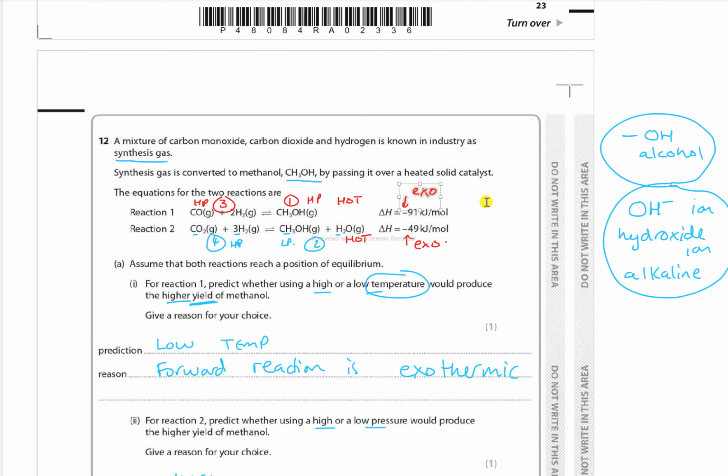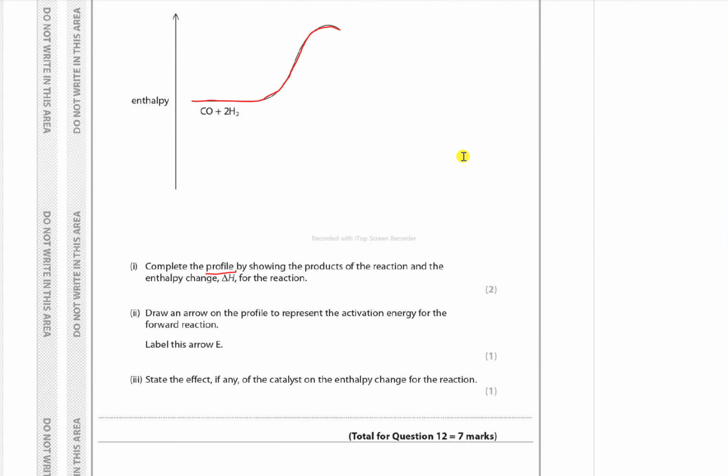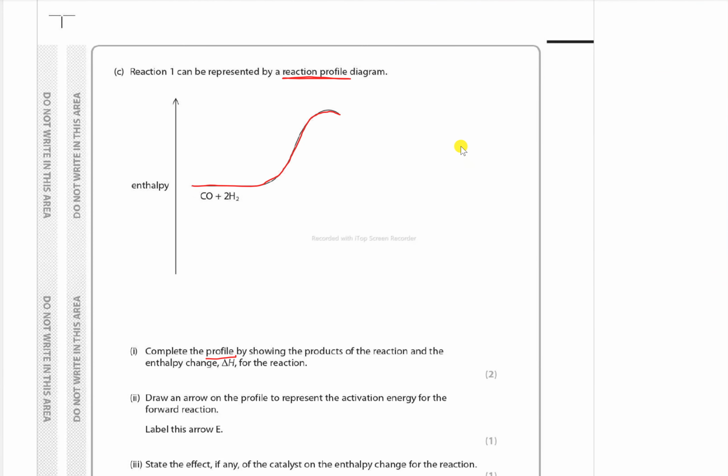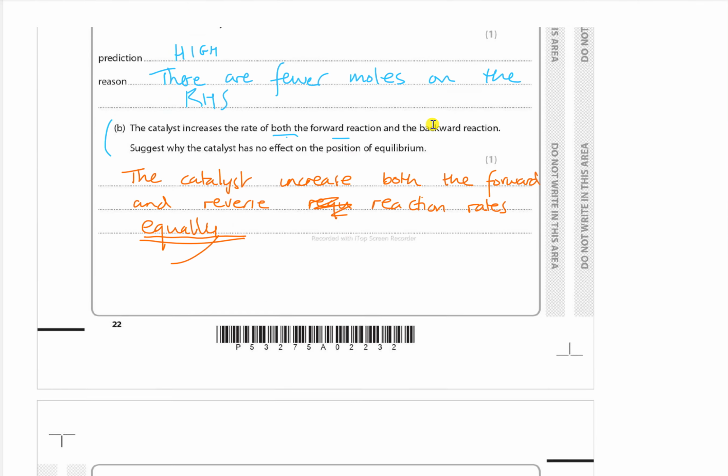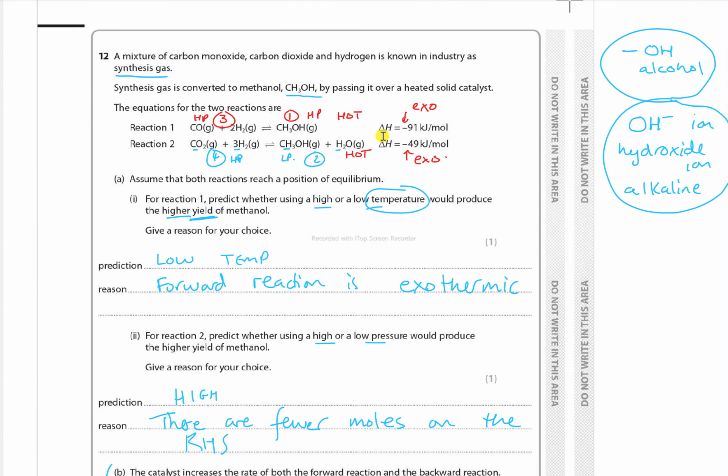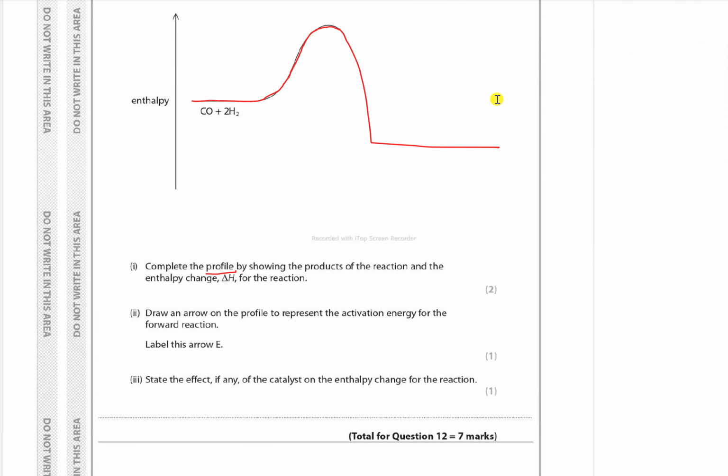You see that there, they're both exothermic. So that means it's going to lose energy. So the products will be at a lower energy level. And then what we do is put the products there. So CH3OH.